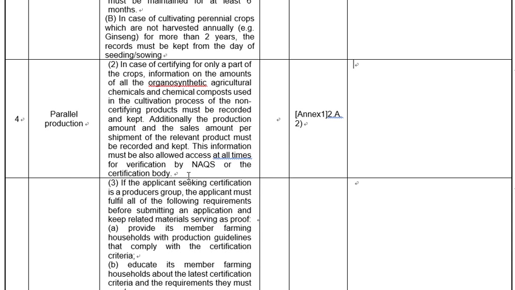Anyways, if it goes to parallel production, it's really complicated to comply with the standard. That's why it's better to be just only organic. But as I experienced in my inspections, most of the farms in Europe, North America and South America do just organic, but sometimes they could grow some other crops because of crop rotation.